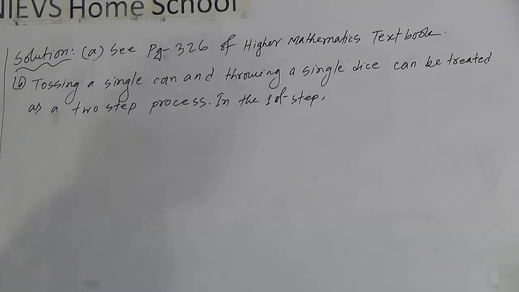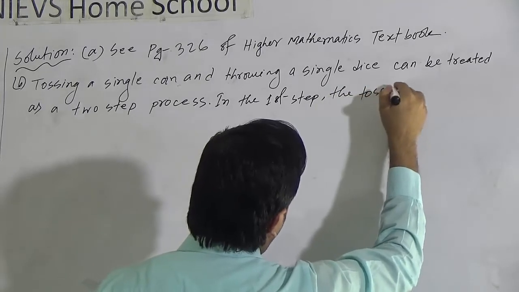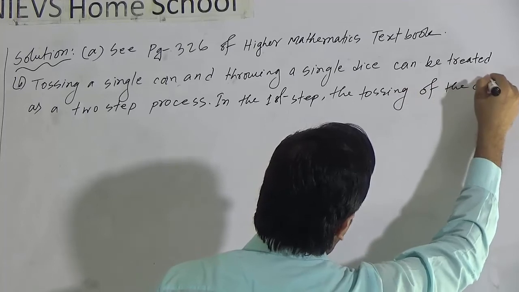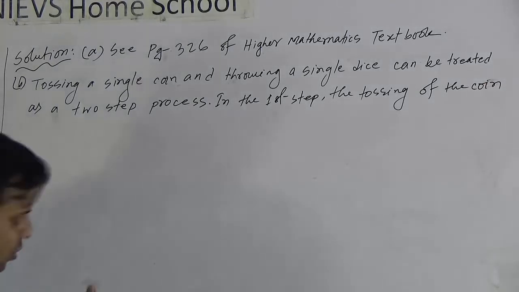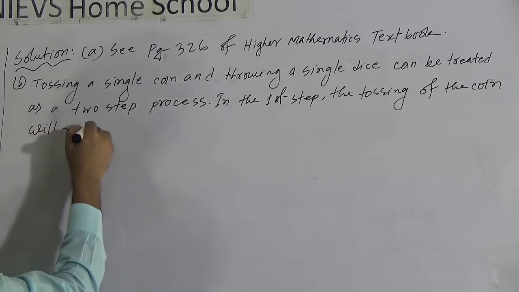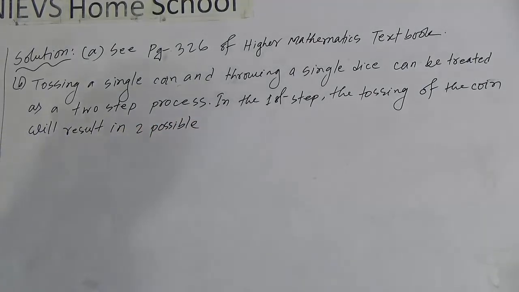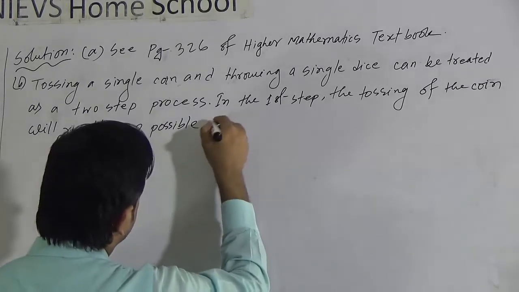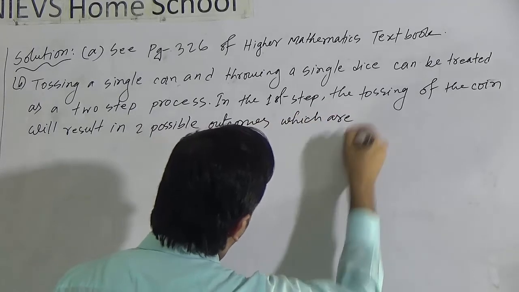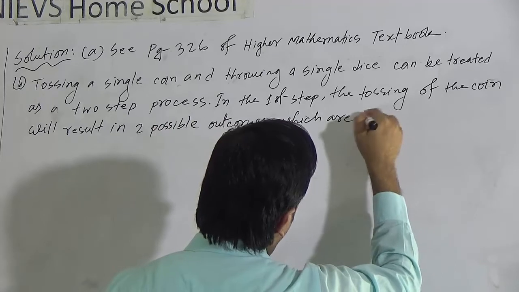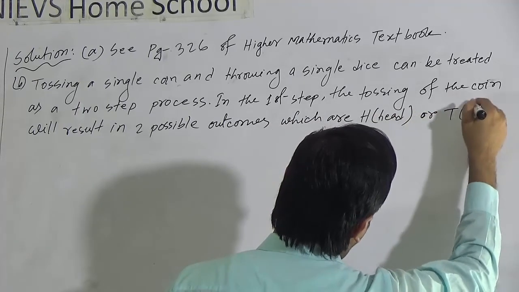So in the first step, the tossing of the coin will result in two possible outcomes, which are H means head, or T means tail.